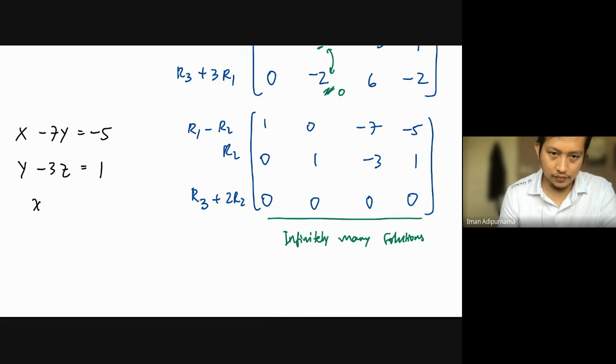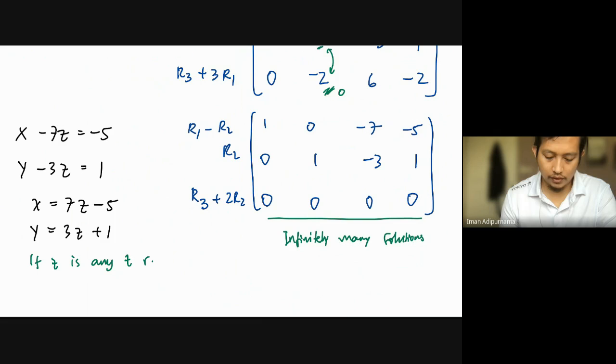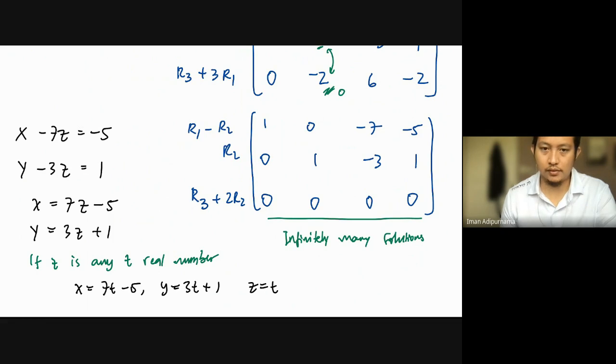If we are going to solve this in terms of x and y, and if z is any real number t, then we can write x is 7t minus 5, y is 3t plus 1, and z is equal to t.